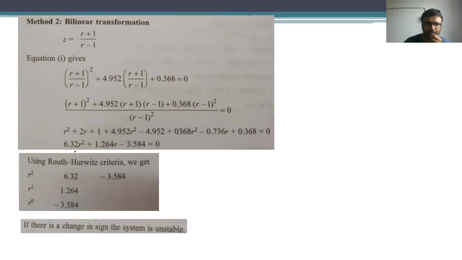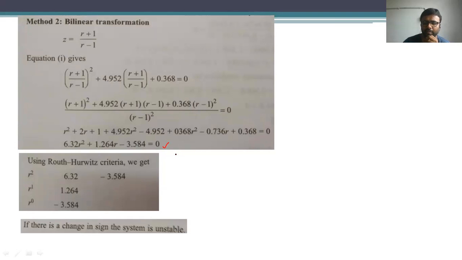We get the characteristic equation as 6.32 r square plus 1.264 r minus 3.584 equal to 0. This is the characteristic equation we have obtained in the r plane.